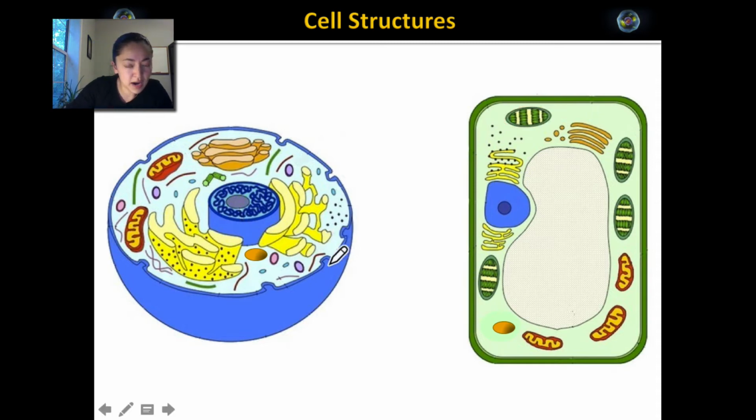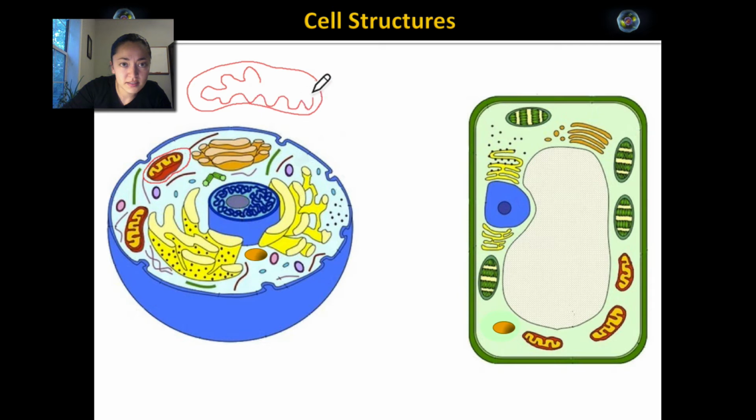Next, it says to describe the function of the mitochondria. Well, before I do that, let's talk about how to identify them. They're really easy to identify. Mitochondria look kind of like a kidney bean, and on the inside it has a very folded second membrane, like that. And the function of the mitochondria is cellular respiration.